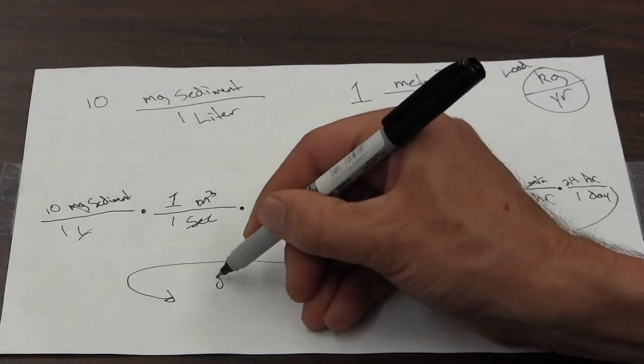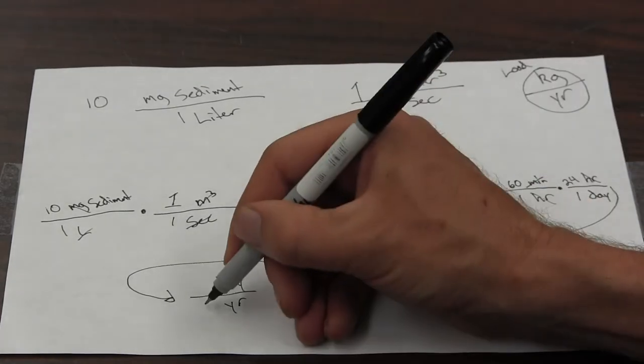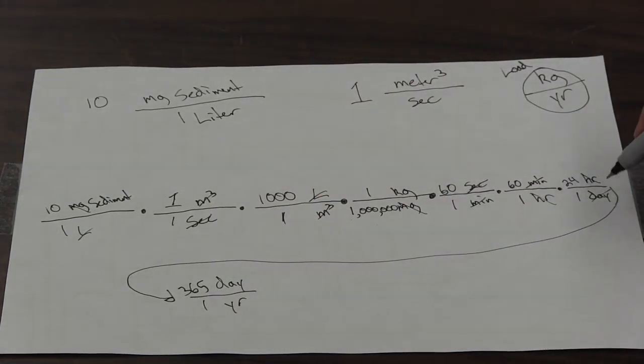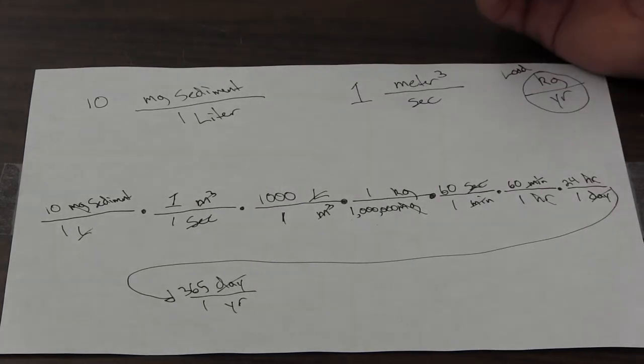So I need day in the top and year in the bottom. For every 1 year, there's 365 days. Now I can cancel day in the bottom with day in the top, and my units are kilograms of sediment per year now.